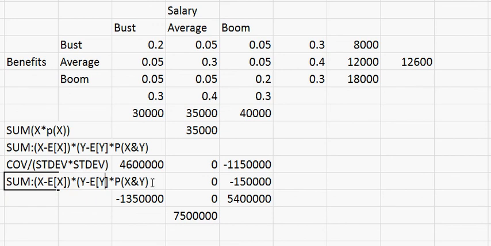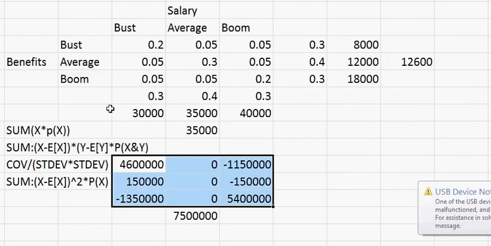So we replace this with just a squared, and then X and Y is just X and X, and the chance of X and X is just X. Okay, so these are covariance calculations here.